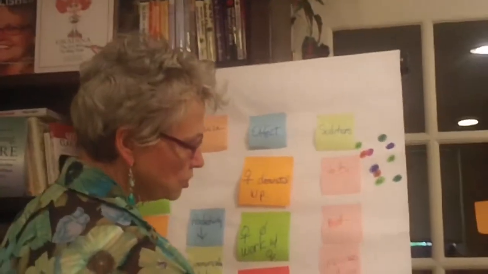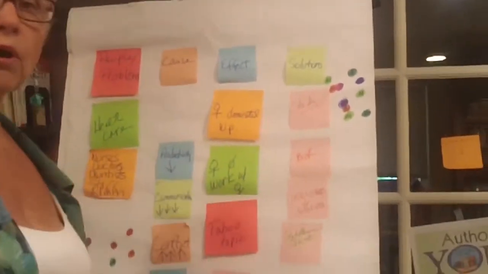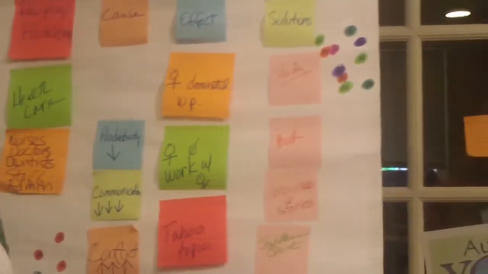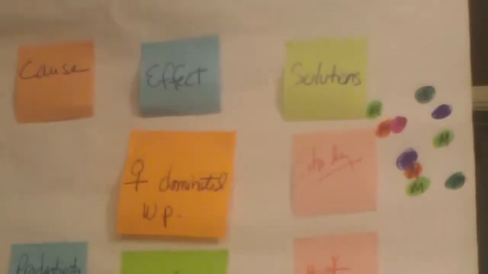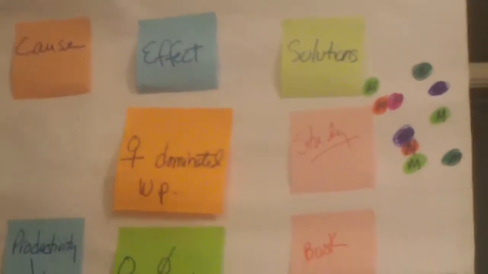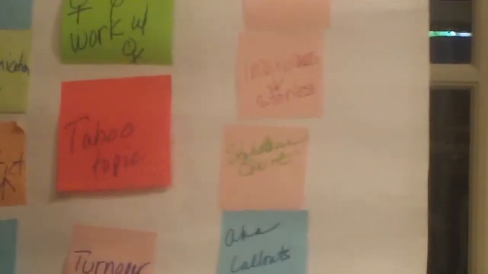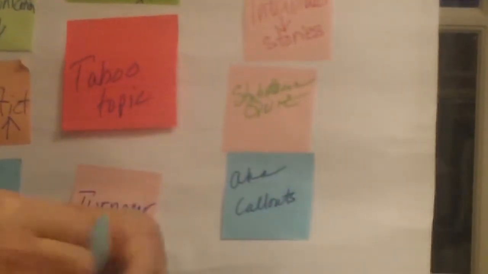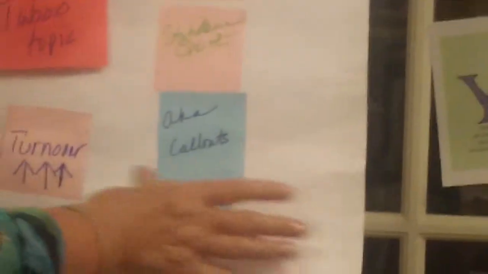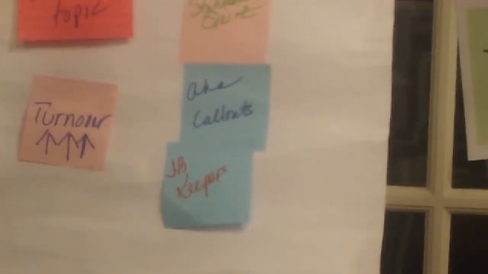Part of the solution was to create what we called the "Is there a saboteur in your midst?" quiz. And part of the solution was to create, weaving throughout the book, what I would call aha's or call-outs, things that you want people to absolutely remember. And another part of the solution was to create what we called JB Keepers.